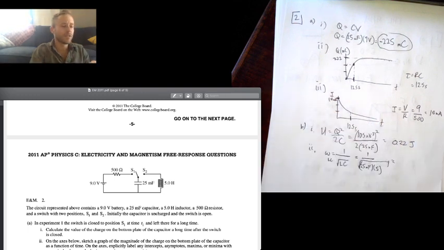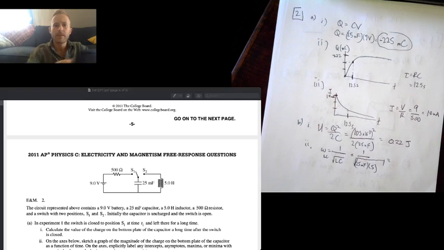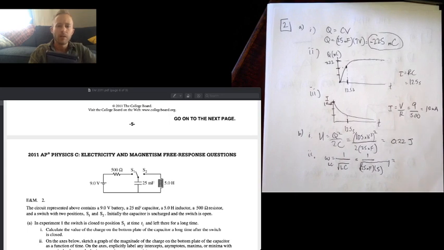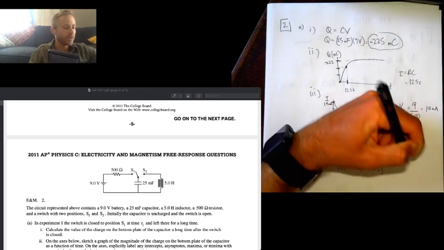That means our omega is 2.8 radians per second.